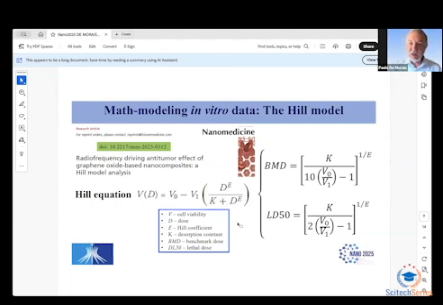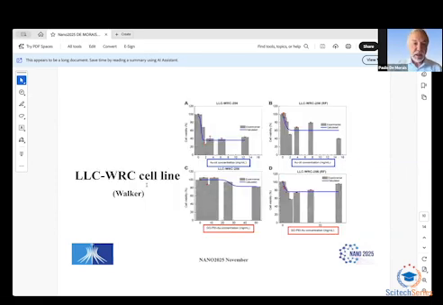Now let me show you the data we extracted from this experiment and the fitting of this data using this equation. So here is one of the cell lines. It's called the Walker cell line, or LLC WRC cell line. It is a cancer cell line. On the upper plots, panels A and B, we have the cell viability as a function of the gold nanoparticles only.